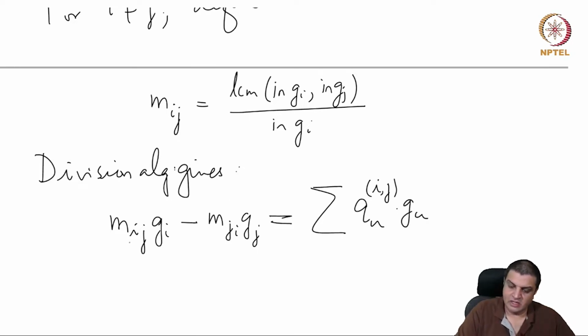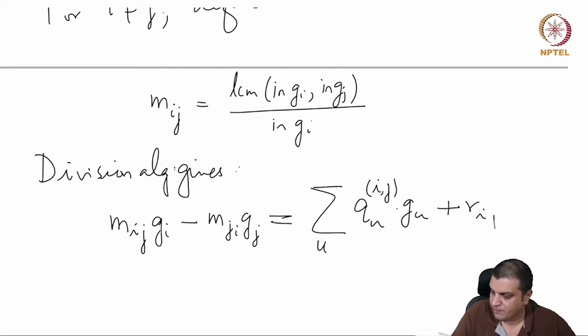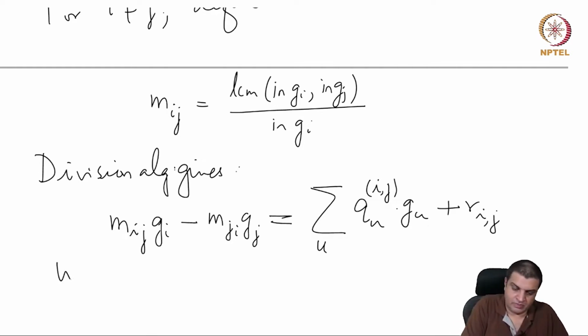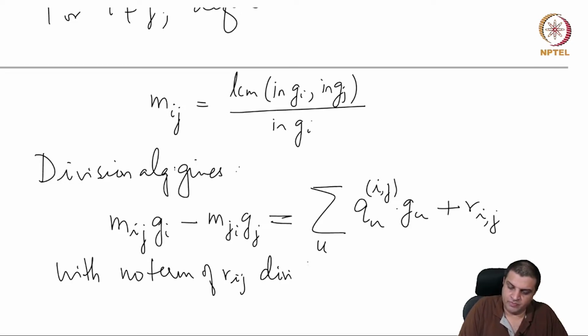So we are expressing the S-polynomial in terms of the generators, plus some Rij. Again, we have seen this Rij need not be unique, but one can ensure that no term of Rij is divisible by the initial term of any Gu.